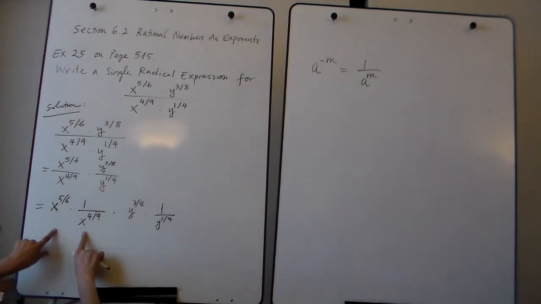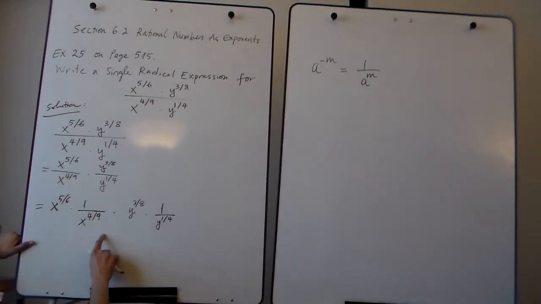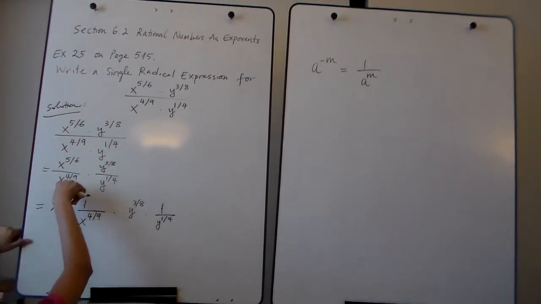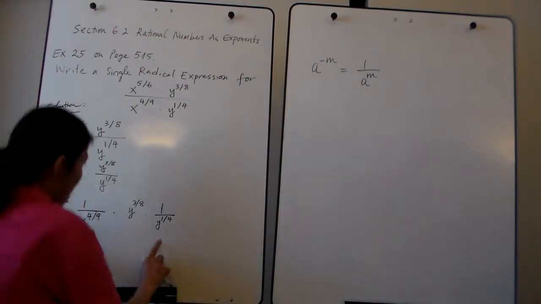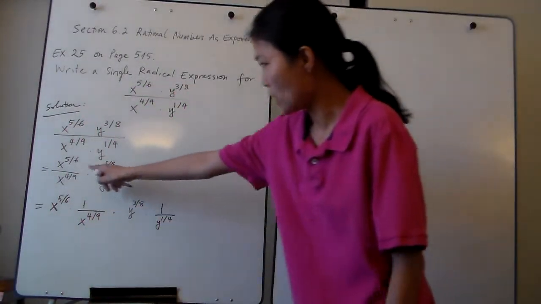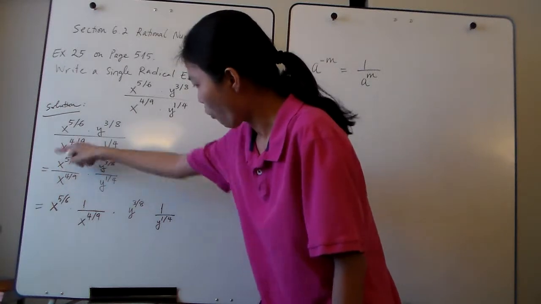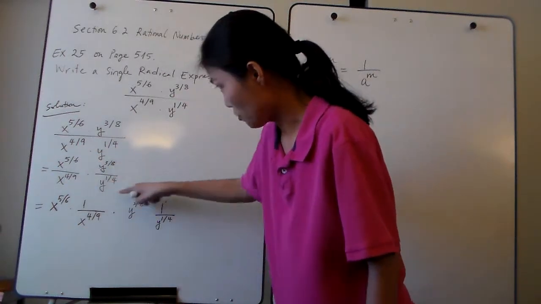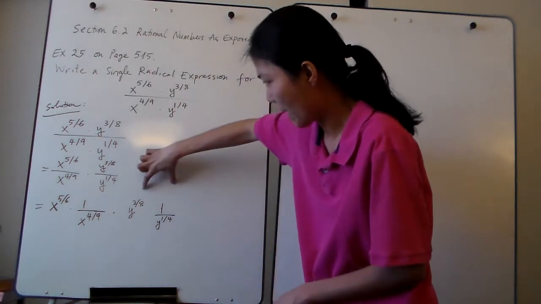The reason I want to split is that I want this form, with the exponent in the denominator. Once I have this, I can use the formula. That's why I factor this quotient into factors.